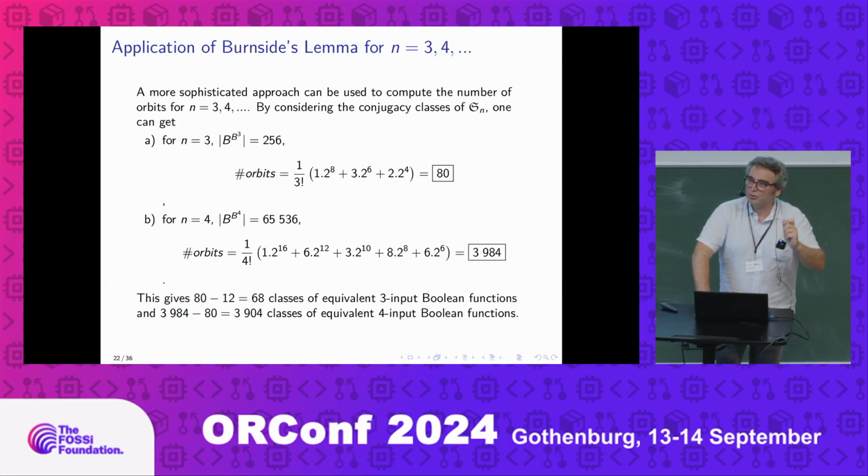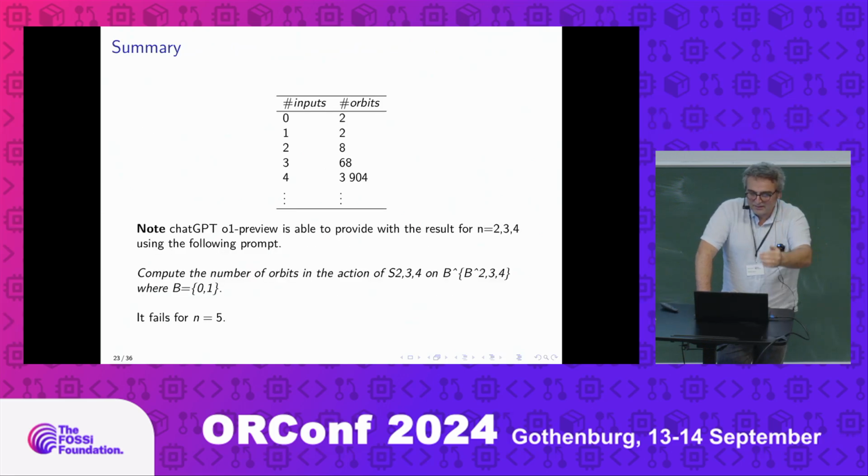So you have to subtract 12, so actually you have 68 3-input functions. And you know about the combinatorial explosion problem: for n equals 4, you get around 4,000 cells. Okay, so this is a table to sum up those results.